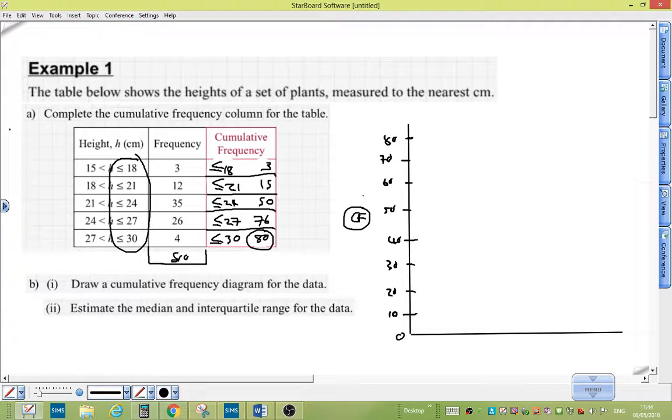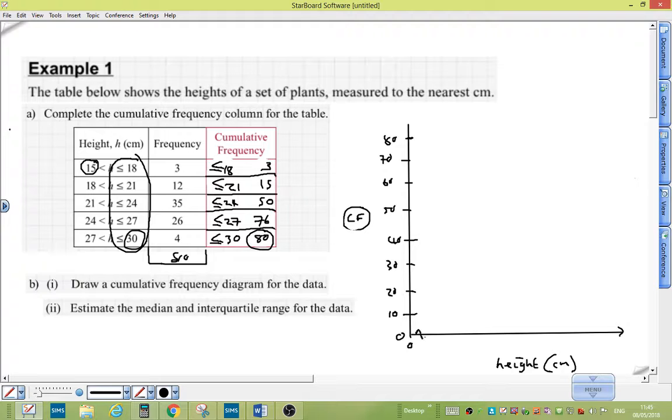So your vertical scale is always your cumulative frequency, CF. Your data always goes across here, so the data was height, and the data was measured in centimeters in brackets. That's going across there. Now I've got to start at 15 and finish at 30. So I'm going to jump from 0 all the way to 15.